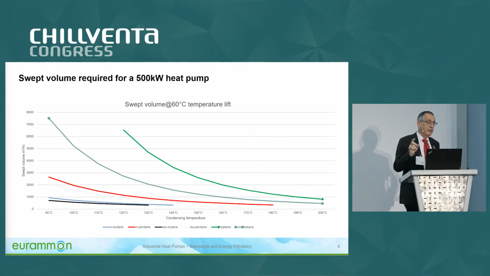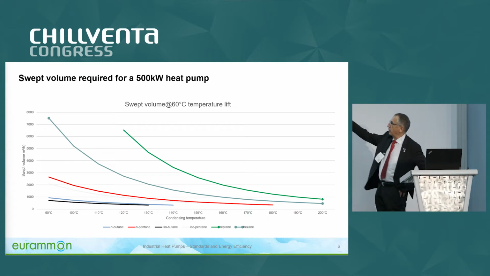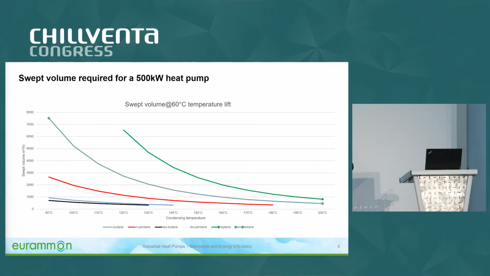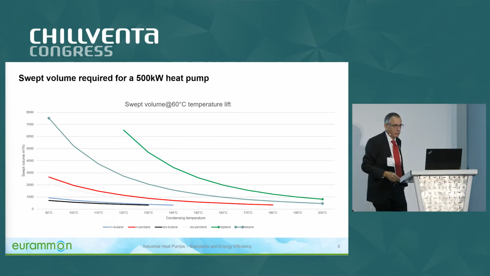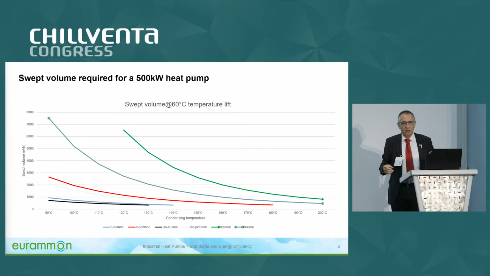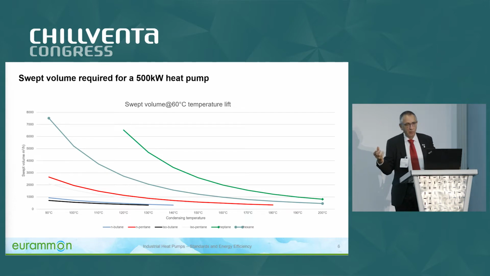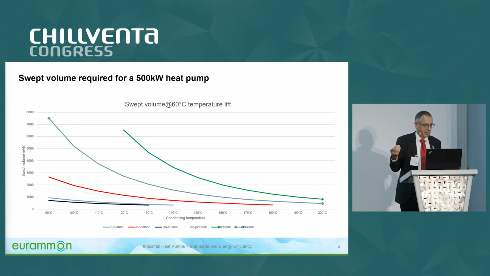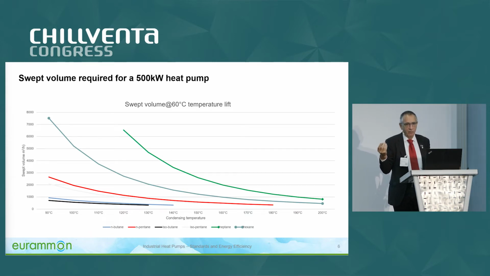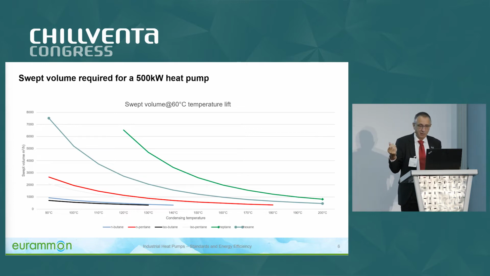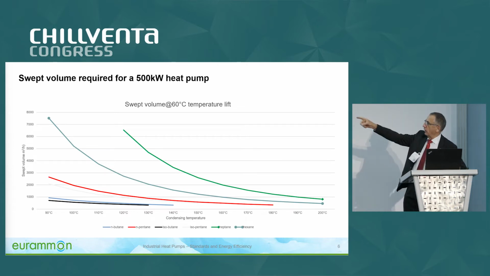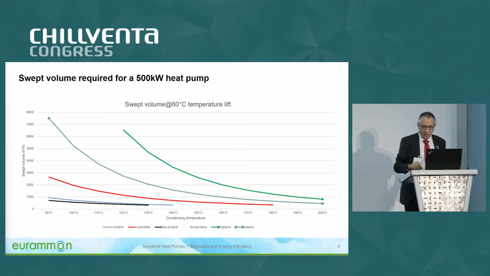But if you then look at the swept volume of the compressor that you need, then things change a lot, because then you can see hexane and pentane have enormous high swept volume requirements in the low end. And of course you can do it, but reality very often kicks in and price makes the trick. So that's why suddenly butane and isobutane become interesting in the low temperature end.